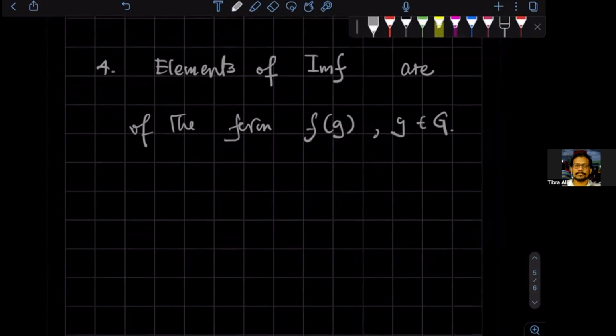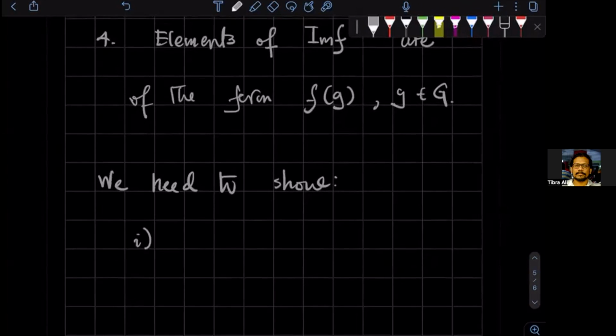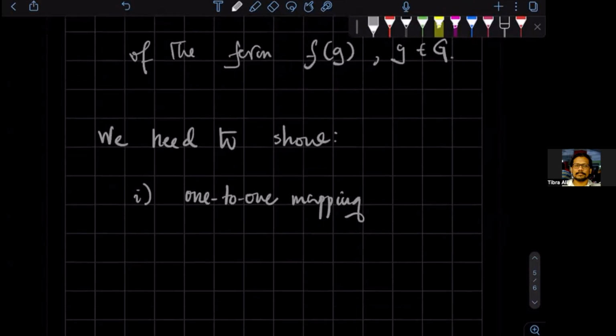Okay, so what does the proof involve? Okay, so to prove this, we need to show that there is a one-to-one mapping between the elements of the left-hand side and the right-hand side.